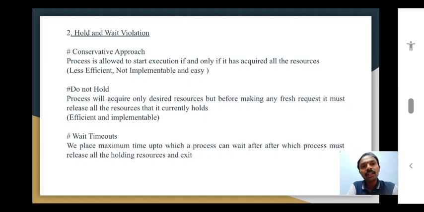So the process will acquire only desired resources, but before making any fresh request, it must release all the resources that it currently holds. So this is a healthier environment for the operating system, because here in do not hold, it is actually utilizing the system model.